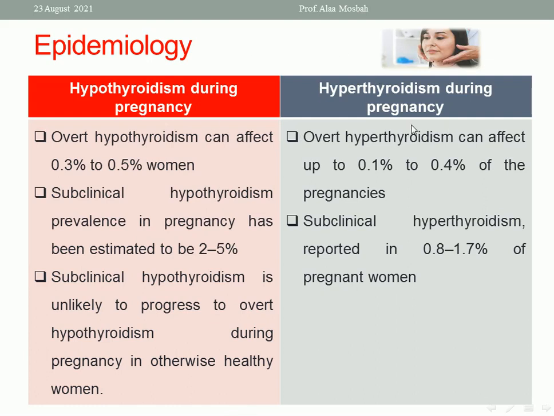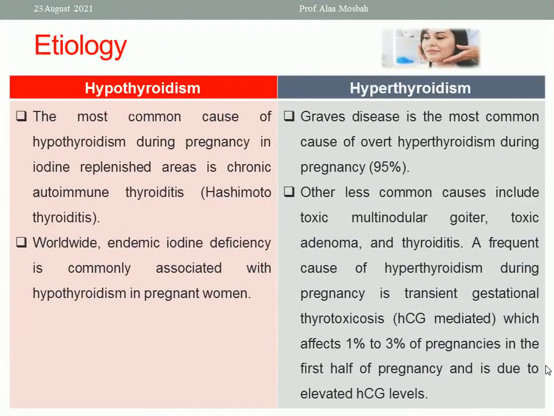What about hyperthyroidism epidemiology? Overt hyperthyroidism represents 0.1% to 0.4% of pregnancies, while subclinical hyperthyroidism is reported in 0.8 up to 1.7% of pregnant women. What about the etiology?